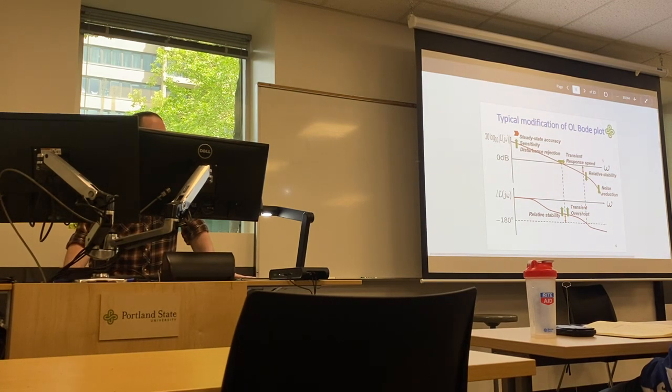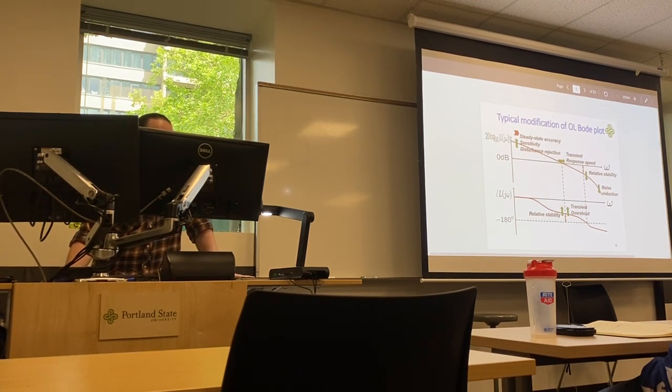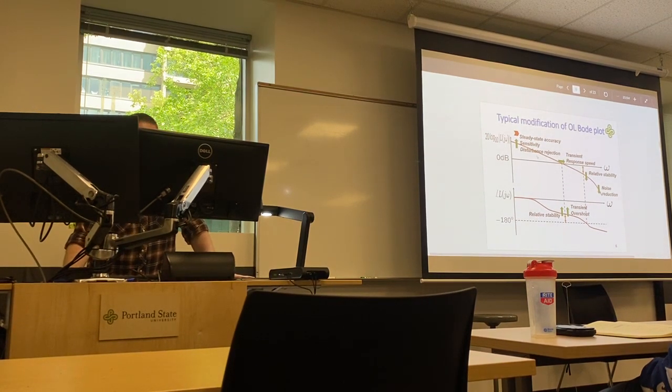So starting off, your typical modifications of our open loop Bode plot. We're going to cover first steady state accuracy. We'll get into sensitivity, disturbance rejection, our transient response speed, and the relative stability, and I mentioned noise reduction a little bit earlier this hour.